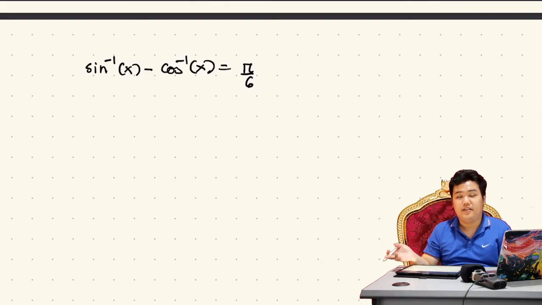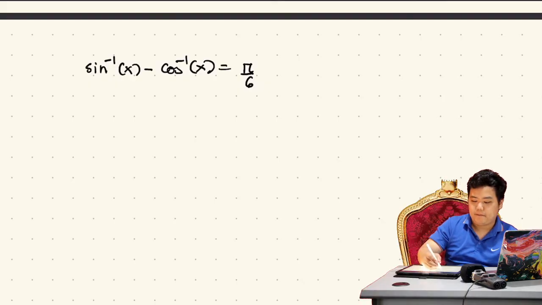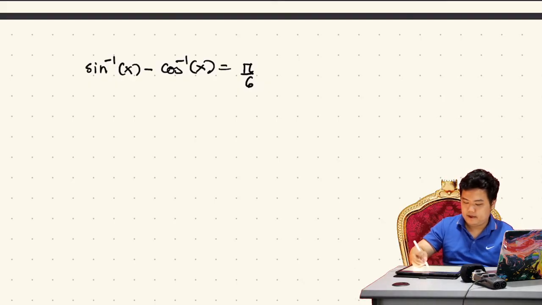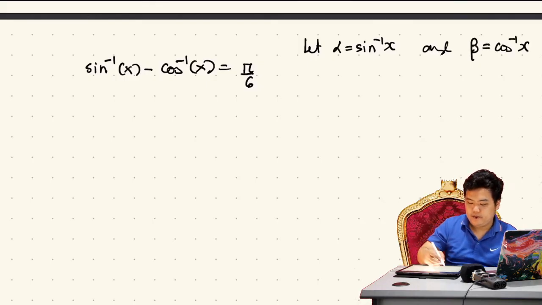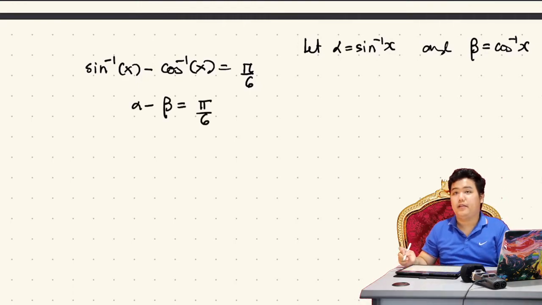So, sabihin natin yung isa alpha, isa beta. So, let alpha equal to sine inverse of x and beta equal to cosine inverse of x. So, meron na tayong alpha minus beta equal to pi over 6. Okay?